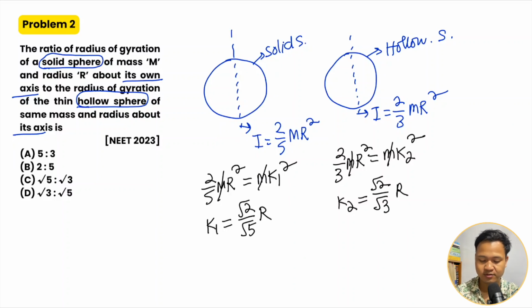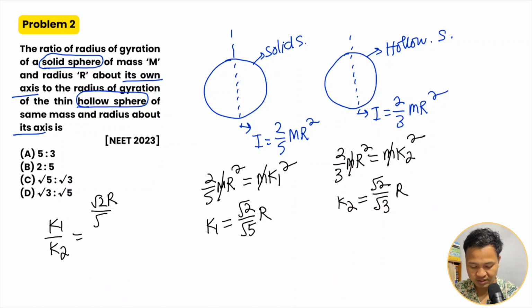Taking the square root on both sides, the ratio k1 by k2 equals root 2 into r divided by root 5, divided by root 2 into r by root 3. So root 3 on top and root 5 below, r gets cancelled out, root 2 gets cancelled out, so the answer is root 3 is to root 5.